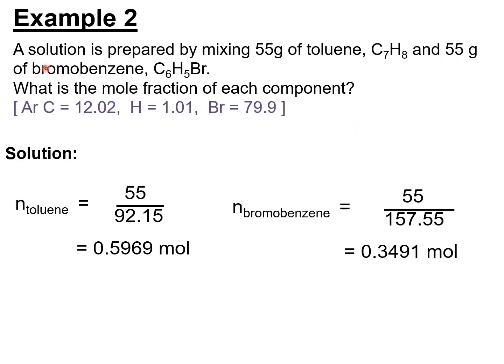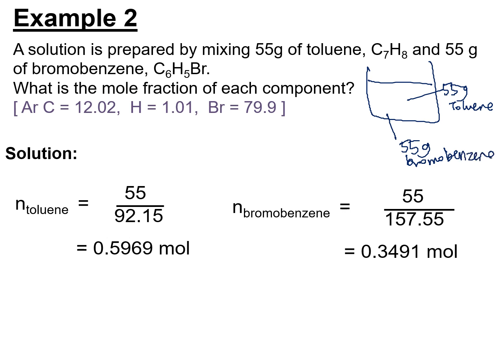Next example pula. Okay, let's look at this. A solution is prepared by mixing 55 gram of toluene and also 55 gram of bromobenzene. Okay. And then the question wants you to find the mole fraction.